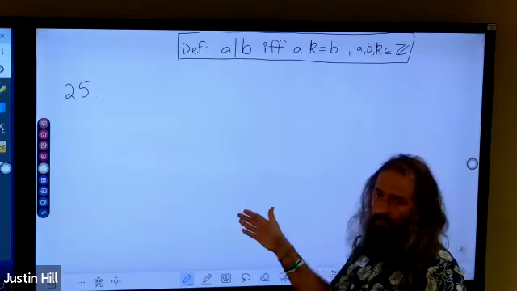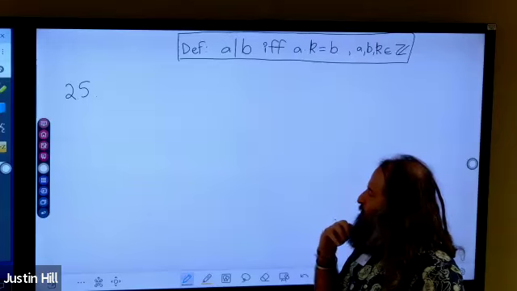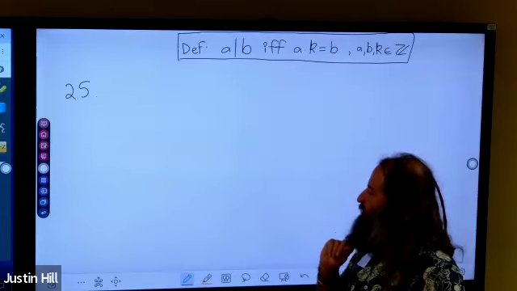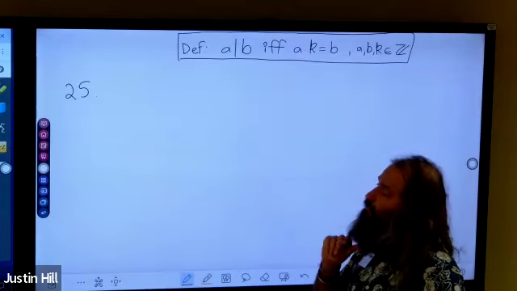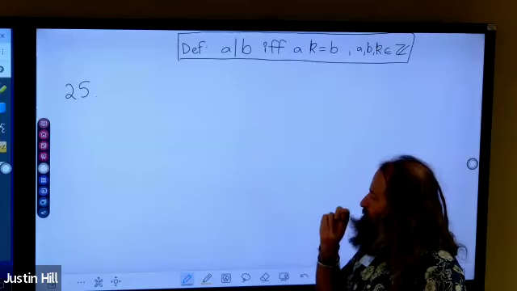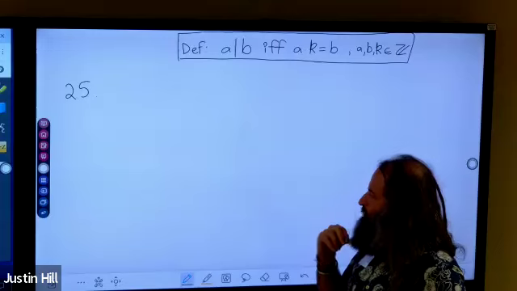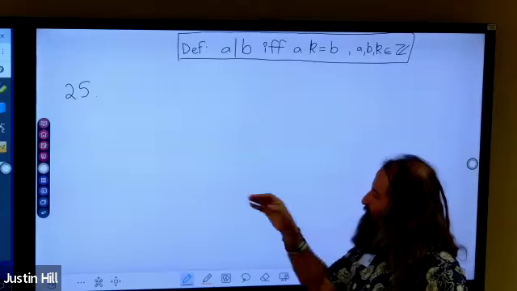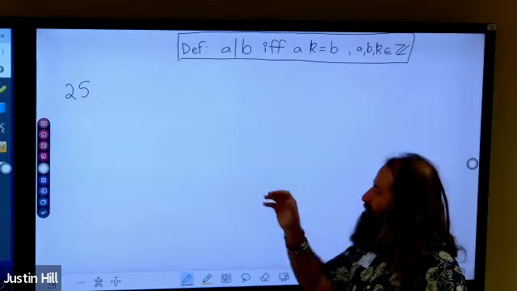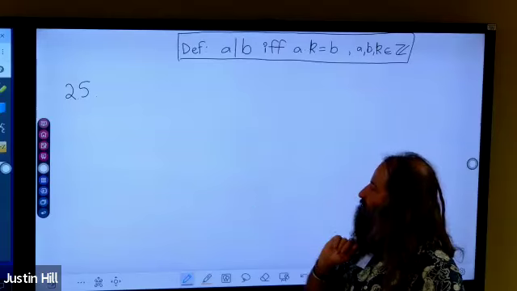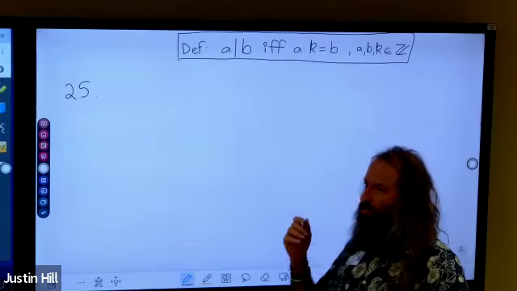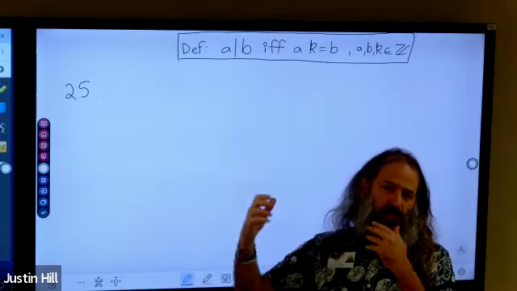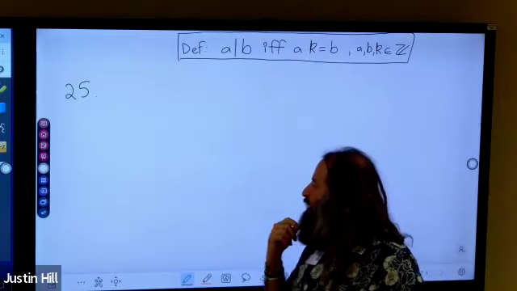They're saying A is a factor of C, or A divides C, and B divides C. So the way you want to think about it is you've got one larger number, and we're looking at two factors of that number, two numbers that divide into it.